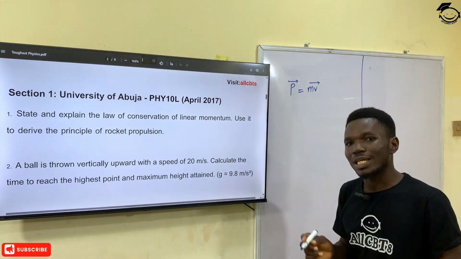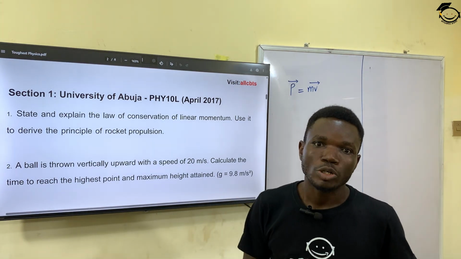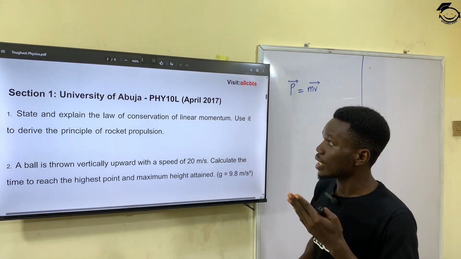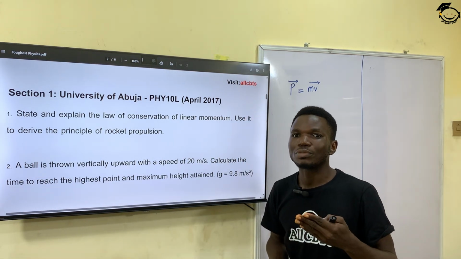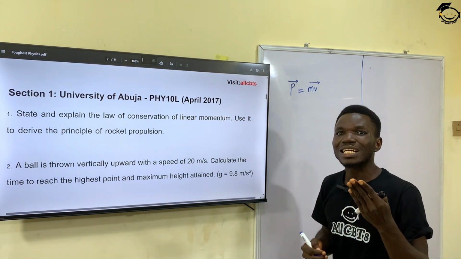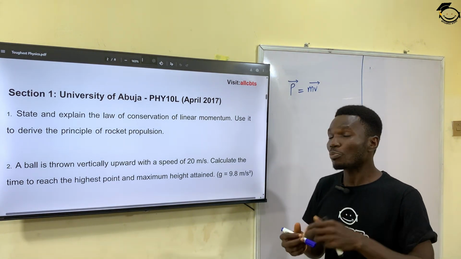So how does this relate to jet engine and rocket propulsion, or the principle of rocket propulsion? Now, when a rocket is moving from the Earth's surface, it moves as the gas is expelled or exhausted.